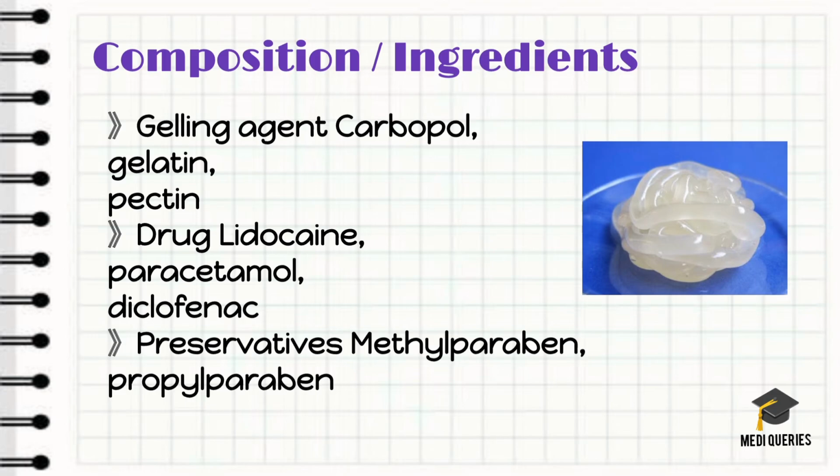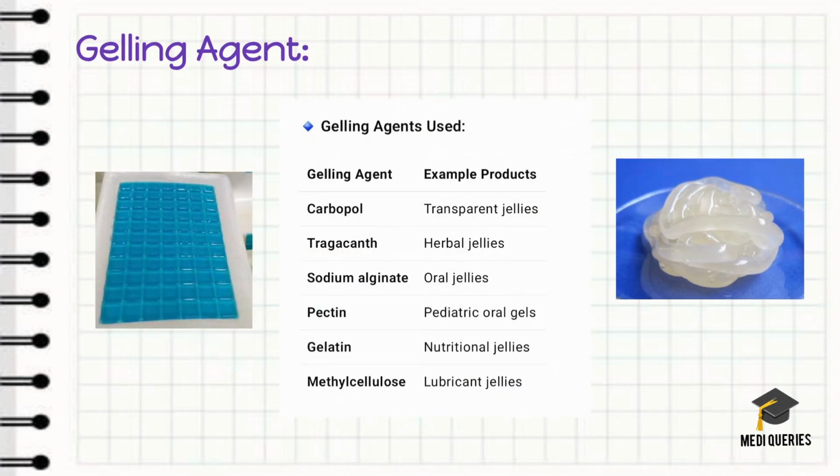The solvent, typically purified water, acts as the dispersion medium and is the largest component by volume. To prevent microbial contamination, preservatives like methyl paraben or propyl paraben are added. In oral jellies, flavoring agents, sweeteners like sorbitol, and colorants improve palatability and appearance.